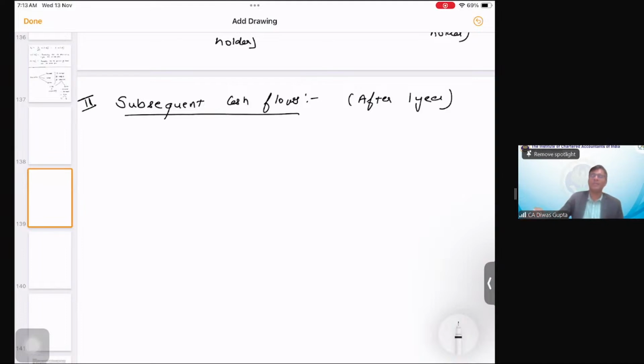Because this is going to happen after 1 year, so prices can be higher, lower, or something else. So let's first take the case of price being 200. Price comes as 200. This is on expiry.